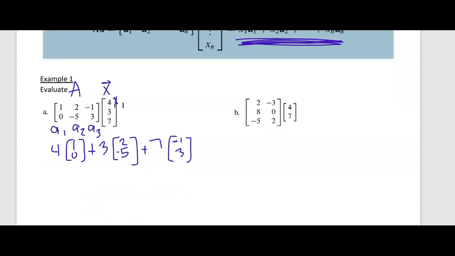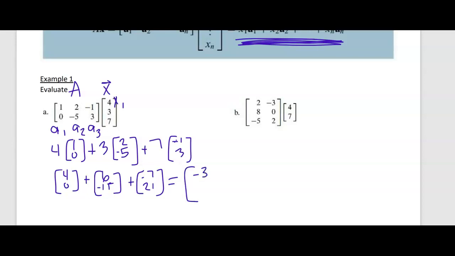Then we can use multiplication like we did in our previous properties to multiply in that scalar. And then I'm going to add component-wise across the top and get +3 and 6.